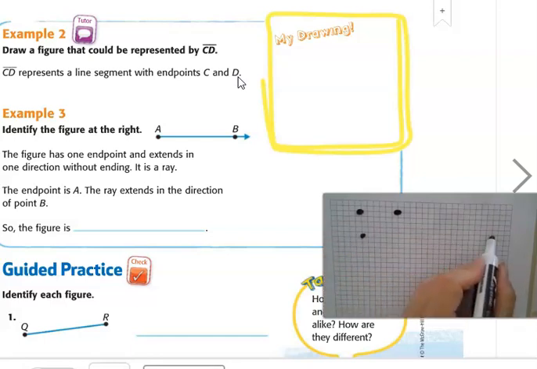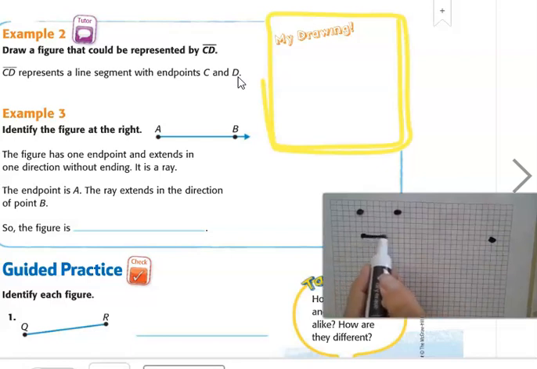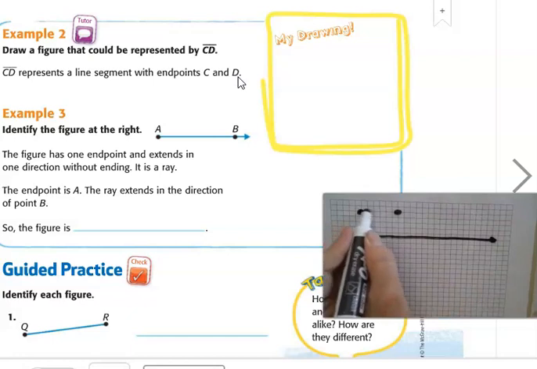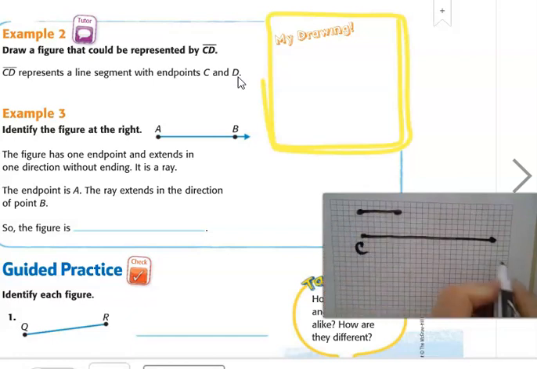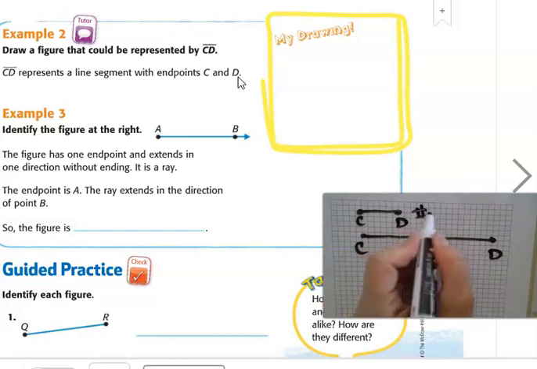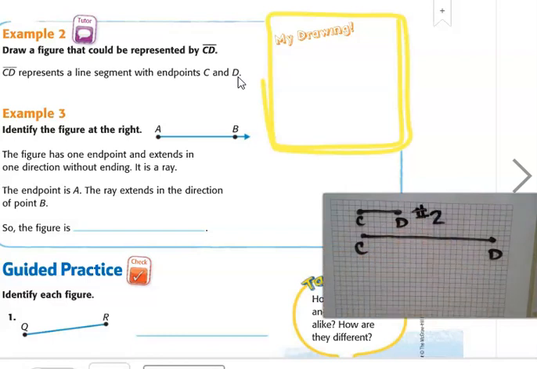They could be this far apart as long as they're in a straight line. They could be very short as long as they are labeled C, D. Those are two different options to show example number 2, how that would look.